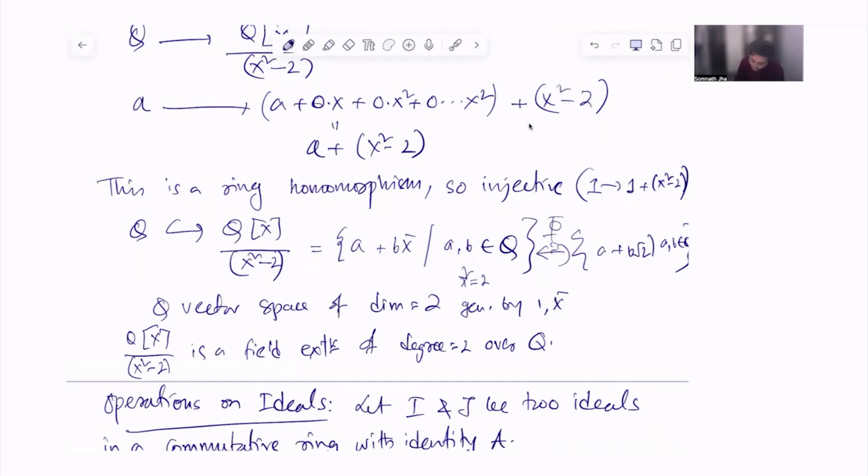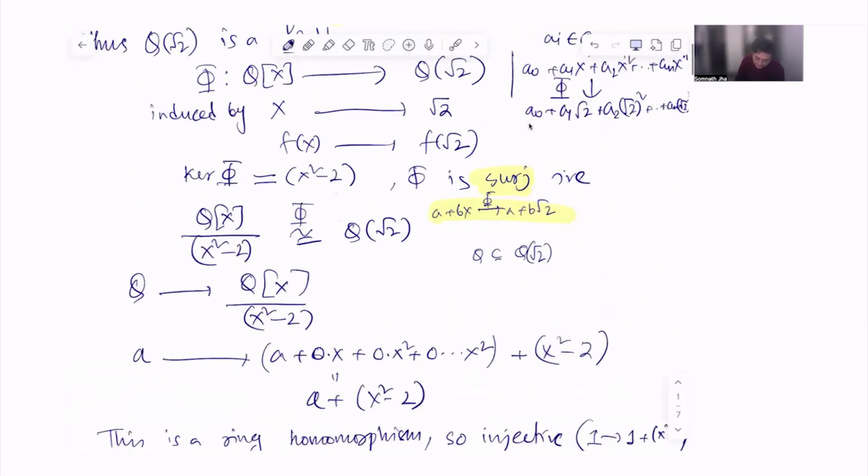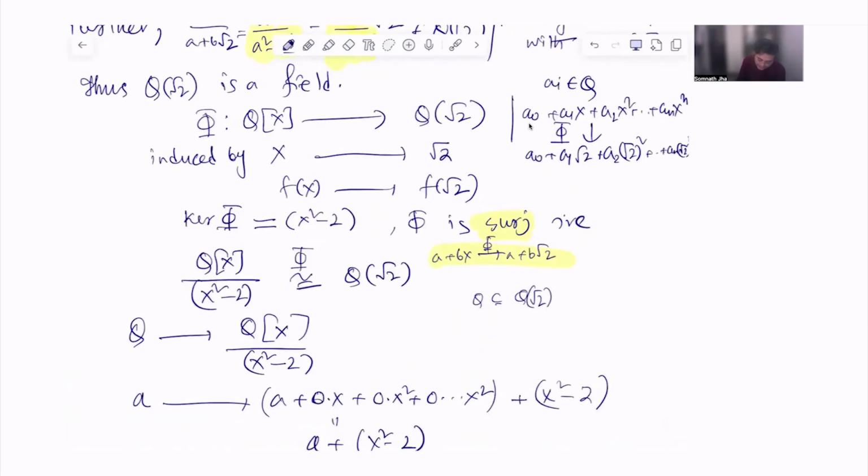This is equal to Q root 2, meaning what? Here we have this identification. Again, what is root 2? Root 2 is the root of this polynomial. So you have taken Q[x], and this is an irreducible polynomial. You have quotiented out with this irreducible polynomial. You got a field over Q, which in some sense is generated by the root of this irreducible polynomial.